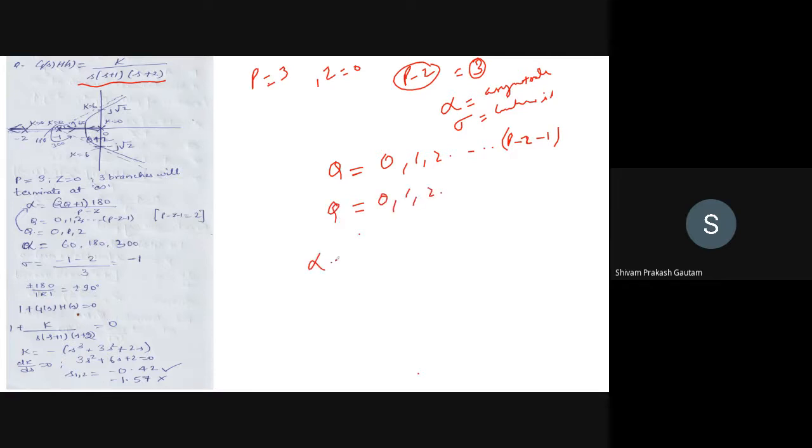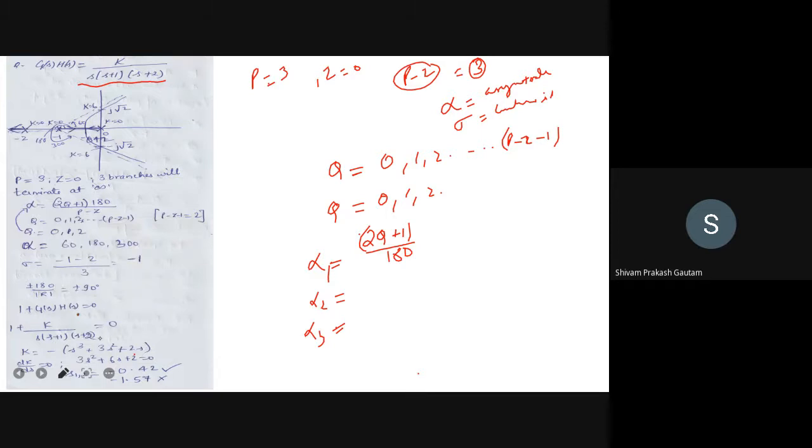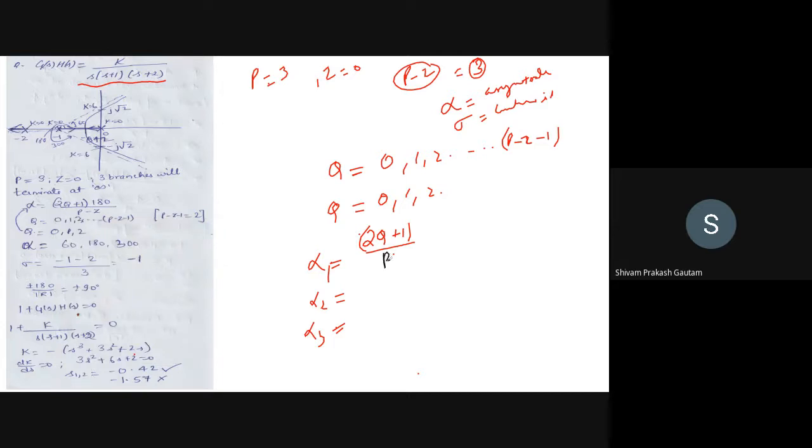You can calculate alpha 1, alpha 2 and alpha 3, three angles, because 3 branches are terminating at infinity. The formula is (2q plus 1) upon (P minus Z) into 180 degrees. One by one you put q equal to 0, 1, 2 and you get the angles of asymptote, which I have already calculated: 60, 180 and 300 degrees.